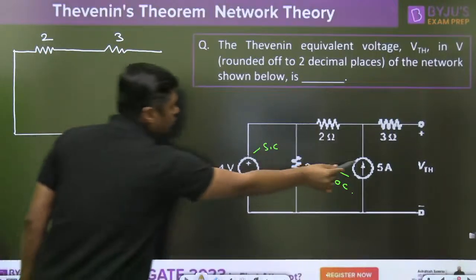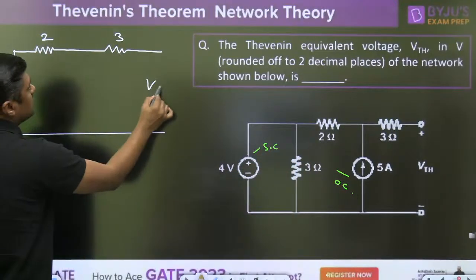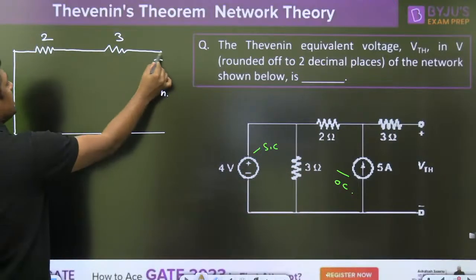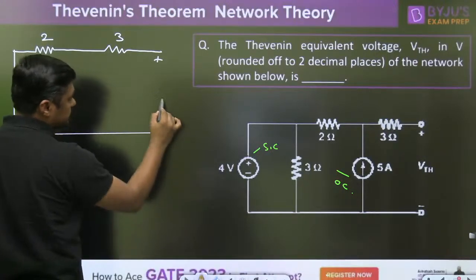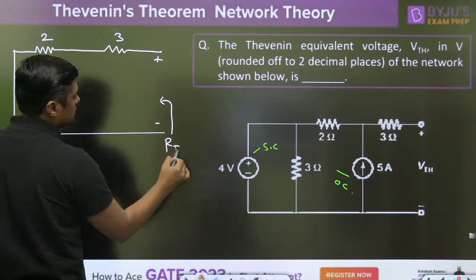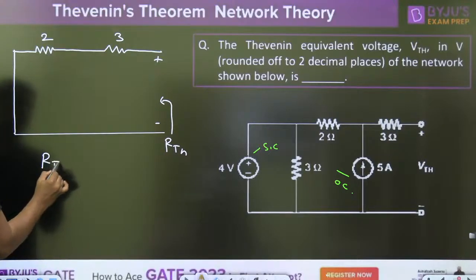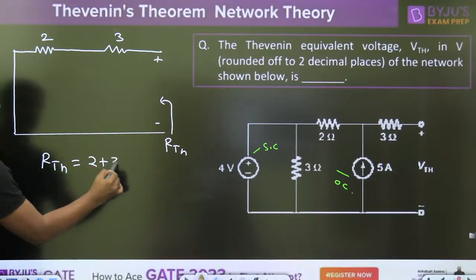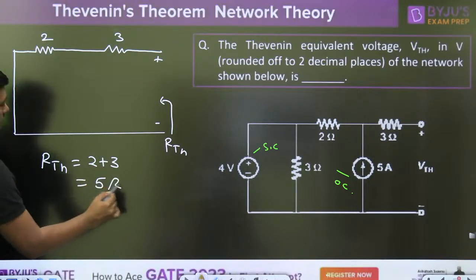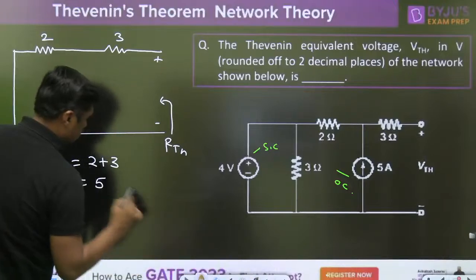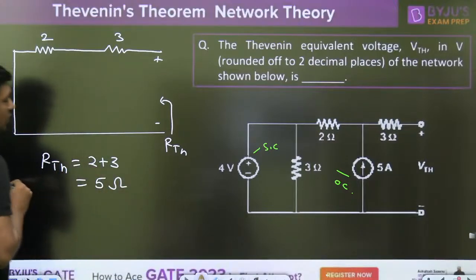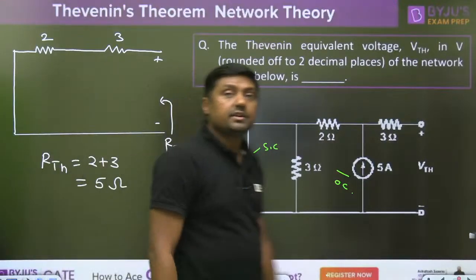And this current source will act as open circuit. So what is the RTH here? R equivalent. 5 ohm. 5 ohm is the RTH.